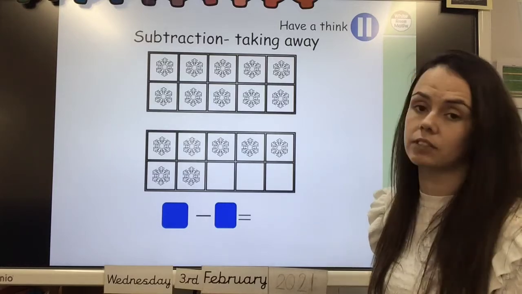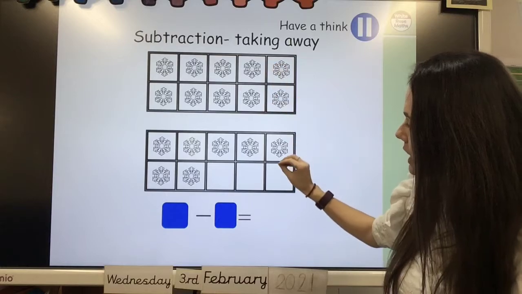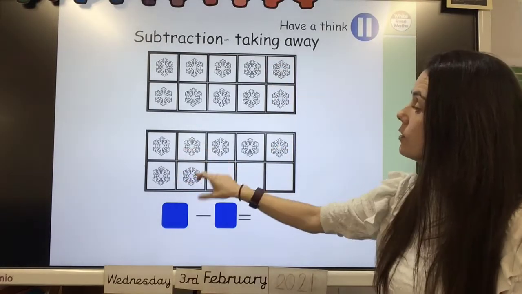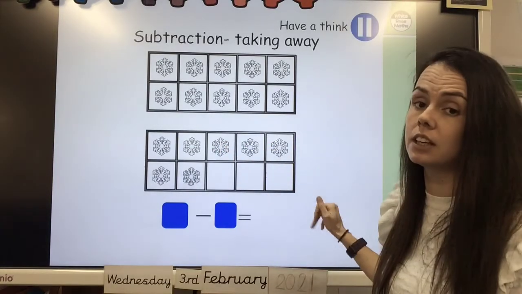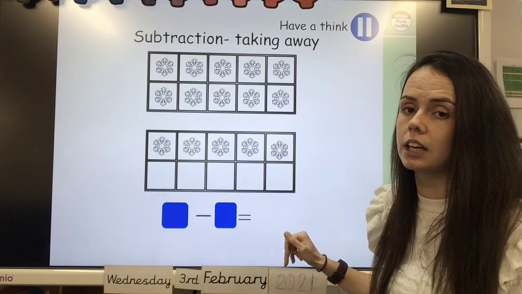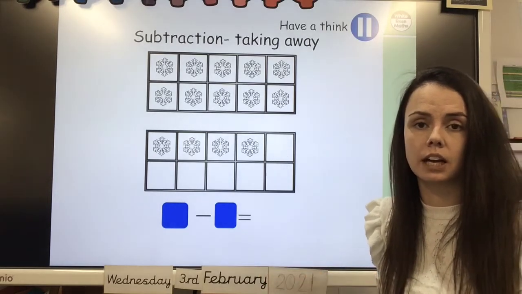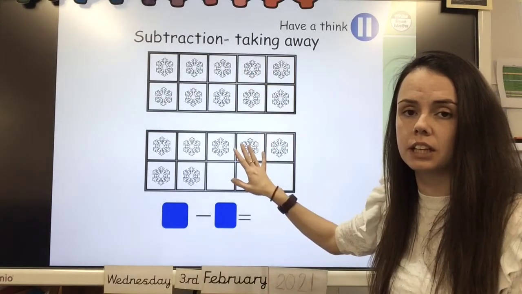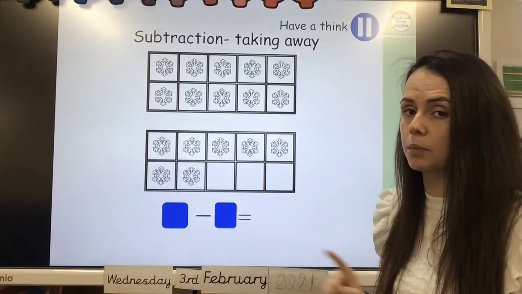Now, let's have a look at this. We've got 10 and how many is here? 1, 2, 3, 4, 5, 6, 7. 10 and 7 is 17. What happened? Did you see that? Let's do that again. So we had 17 and some disappeared. See if you can count how many disappeared.